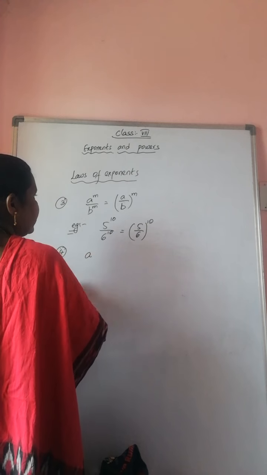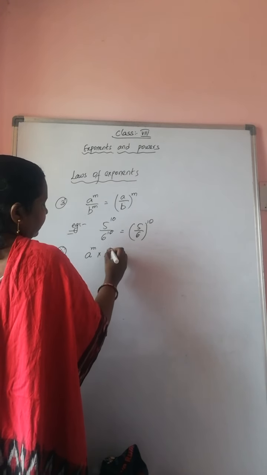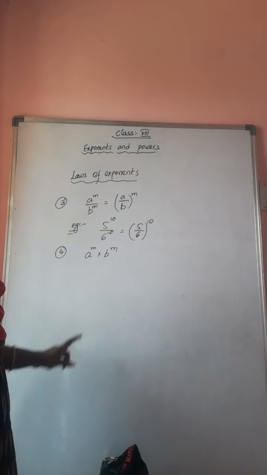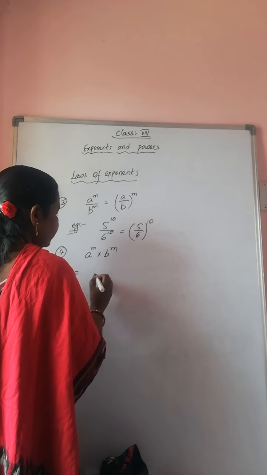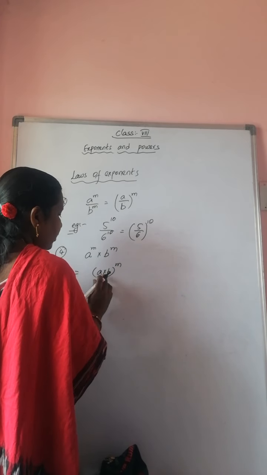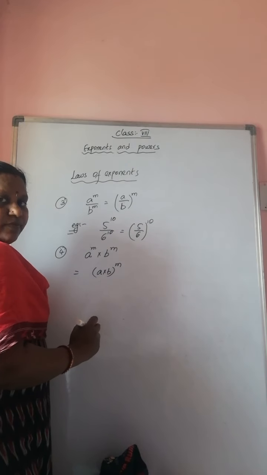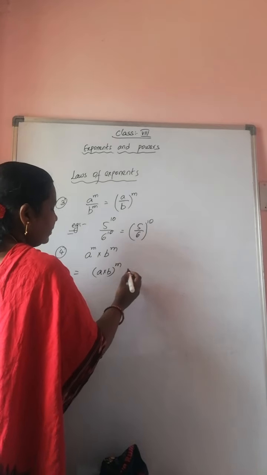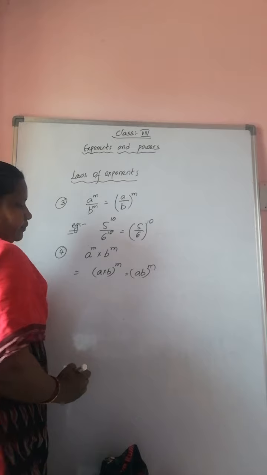In the same way, if I take a power m into b power m, we took division, and now we can take multiplication also. a to the power of m into b to the power of m. That means we can multiply a and b, and to that product we write power m. Why? Because both powers are the same and the bases are different. So I multiply the bases and write the whole to the power of m, which is ab whole to the power of m.